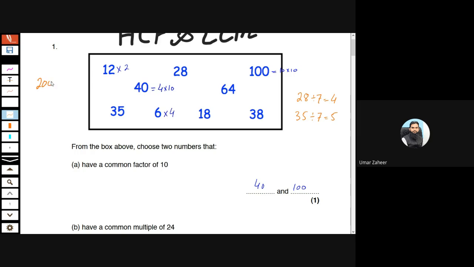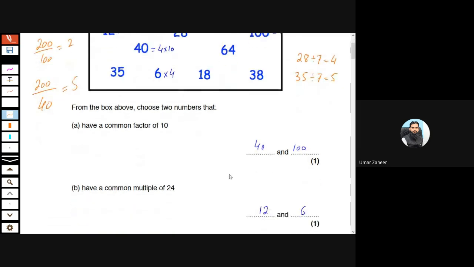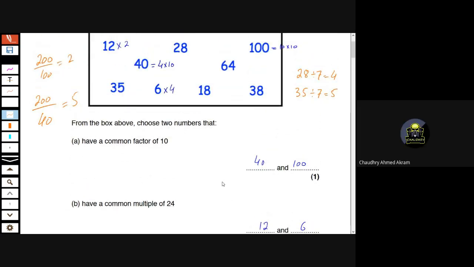Basically, you just have to check which numbers divide 200. Just do 200 divided by 12, 200 divided by 28, 200 divided by 100. Obviously, it is going to divide, so one number is 100. Which is the second one? 40. 200 divided by 100 gives 2, and 200 divided by 40 is 5 times. So 40 and 100.